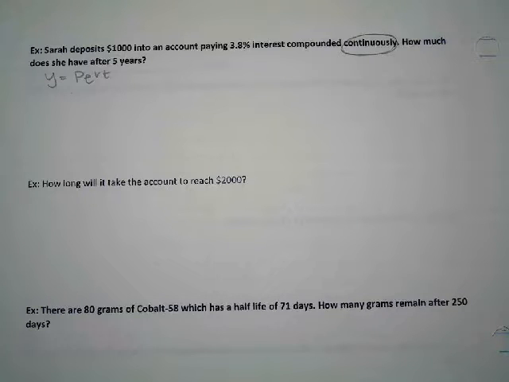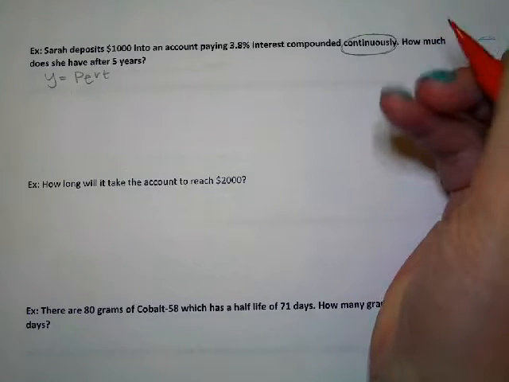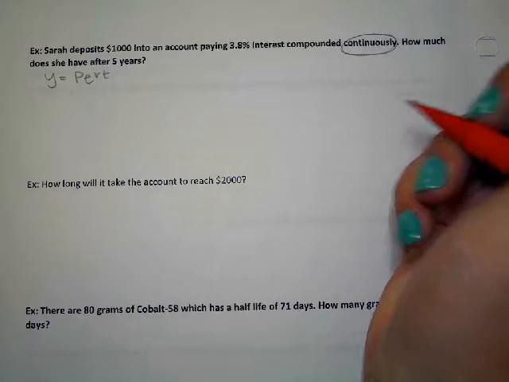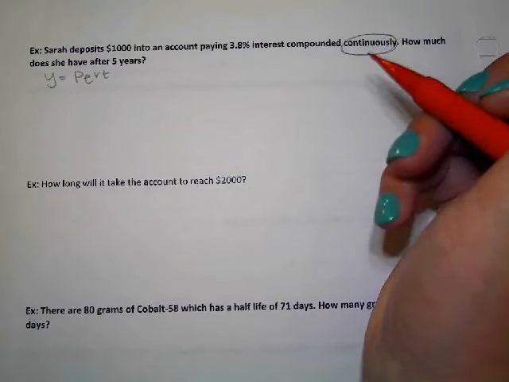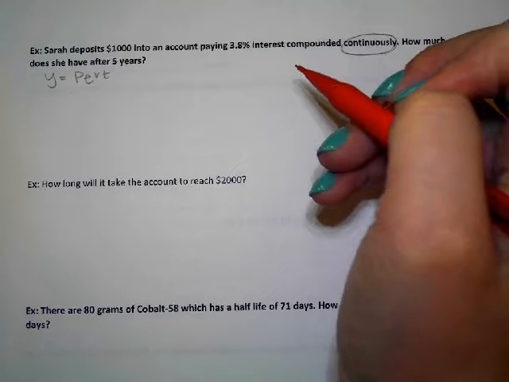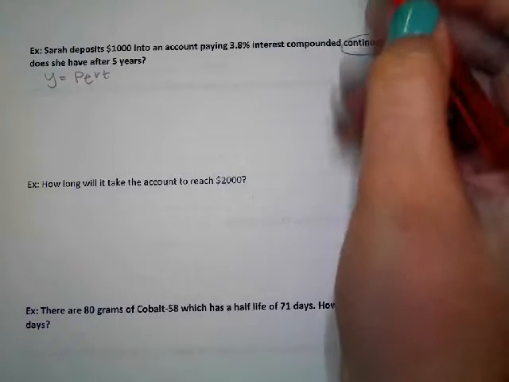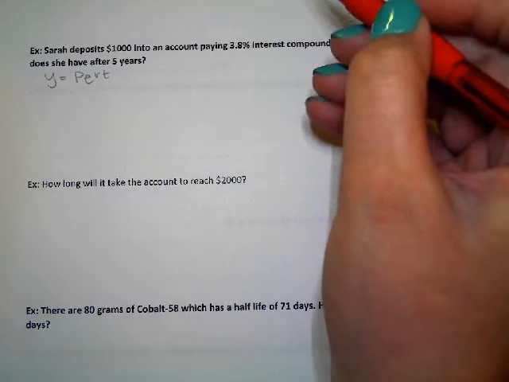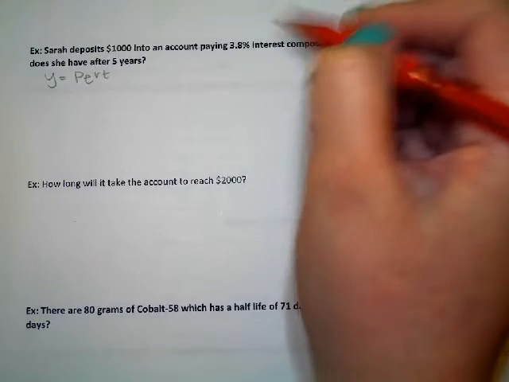Continuously? So it's happening continuously? If it's like 103.8% of 1,000, then the next year you would get 3.8% of that added on to the original. But it's saying that it's continuously. Yes, it goes on forever. Yeah, that it's happening all the time.